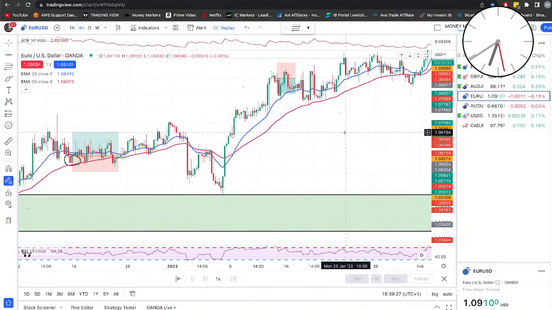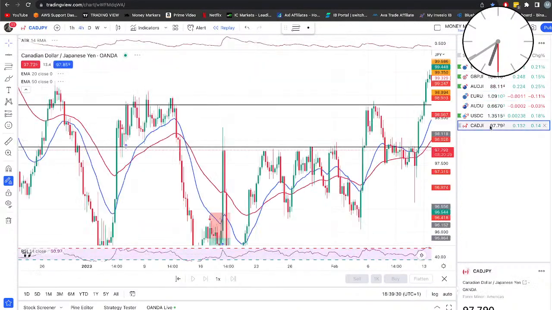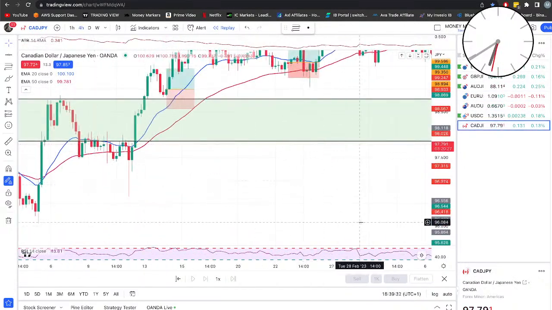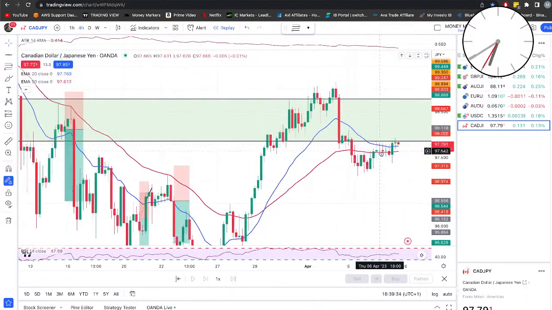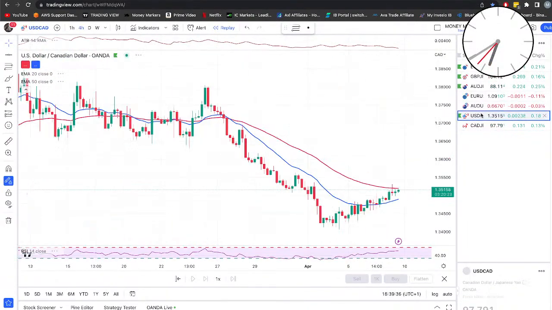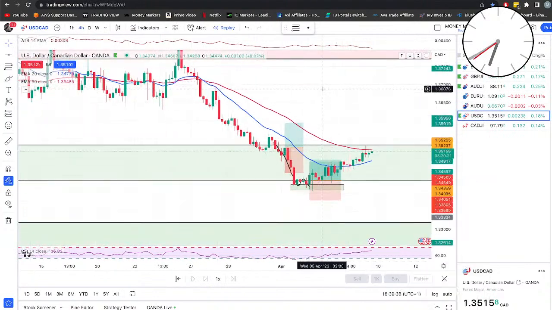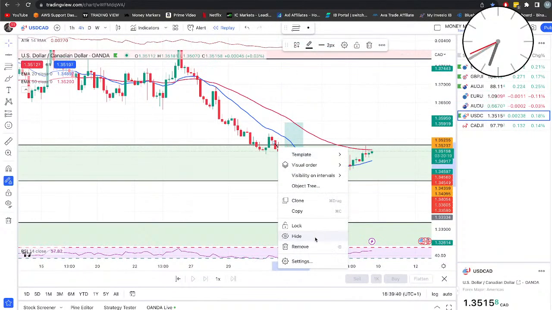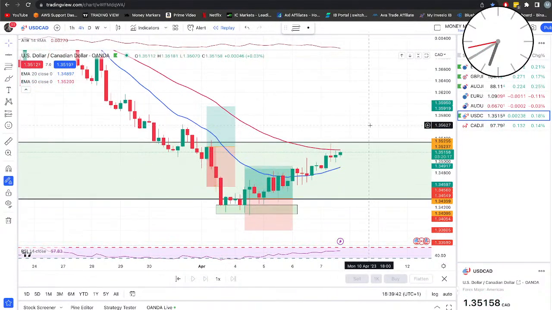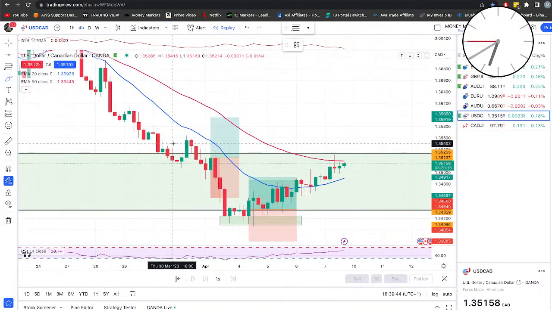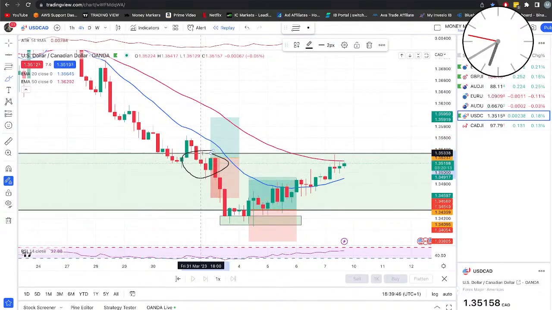Let's see another forex pair. Let me show you a good trade that happened on this one. We took this trade in the priority group right here, and that hit my stop loss, but I didn't panic. I was under my risk capital. That's all we need to do.